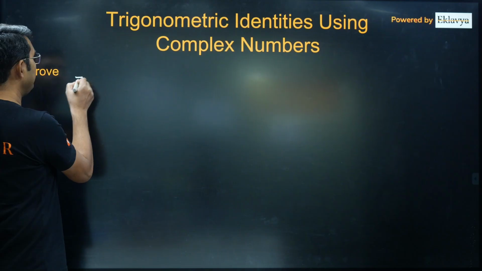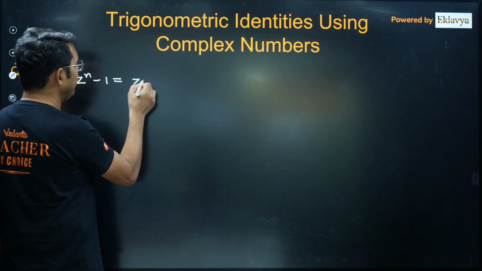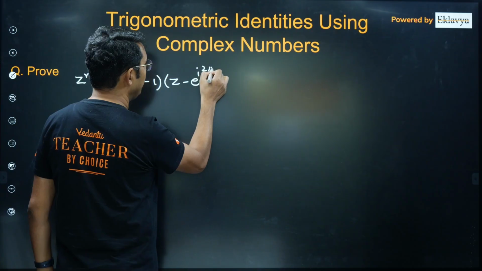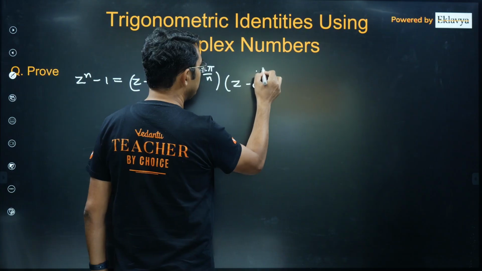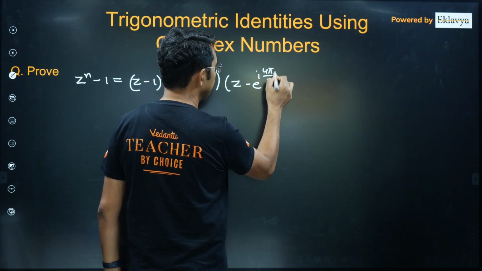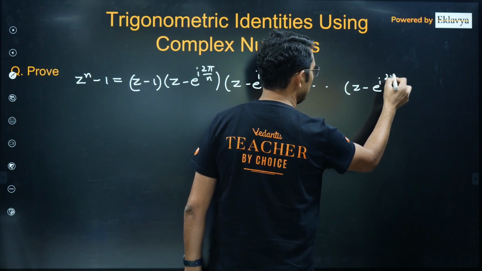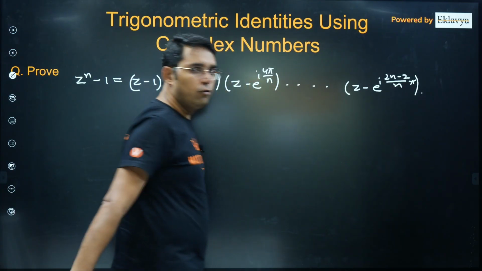So I will be starting with z power n minus 1 equal to z minus 1, z minus e power iota 2 pi by n, and so on. Same nth root of unity. Very simple concept. z minus e power iota 2 n minus 2 upon n pi. Now what is to be done?